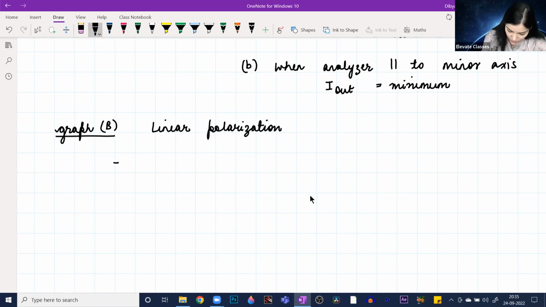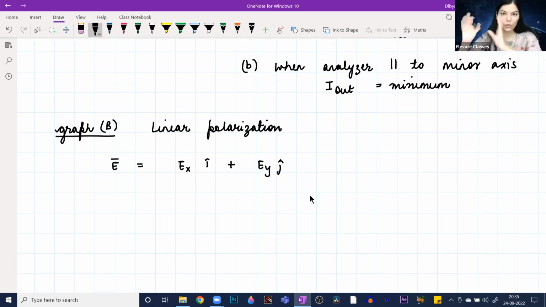So if I have some electric field, so I can write, I have some EX I cap and EY J cap. So currently I'm not including the sine cosine variation with this. Let us consider कि एक कोई linear polarization है जिसका कुछ एक EX EY के term में I have decomposed. So अब क्या होगा?